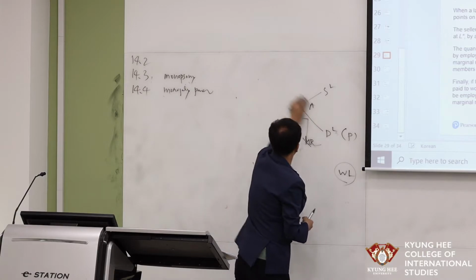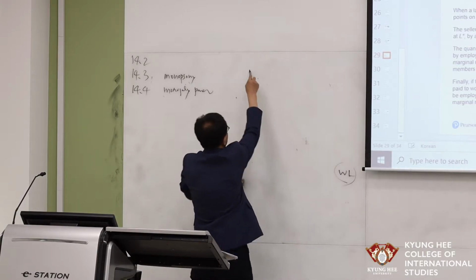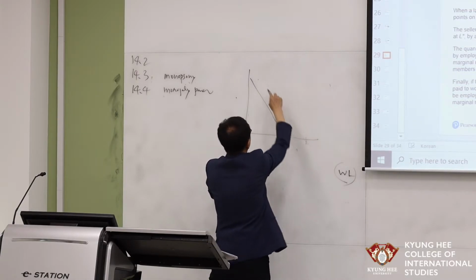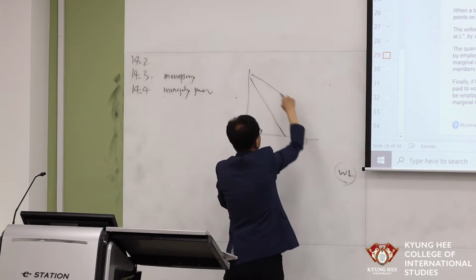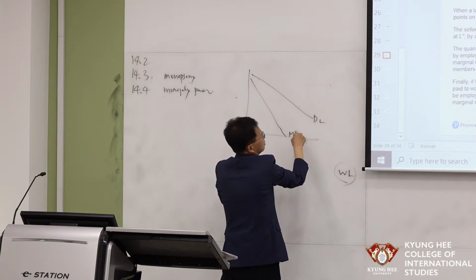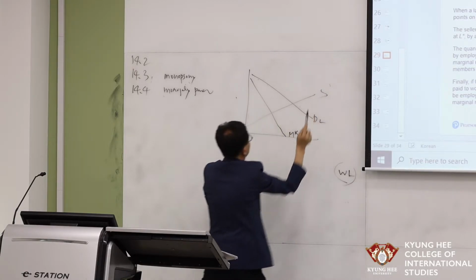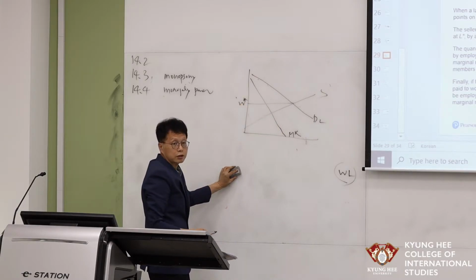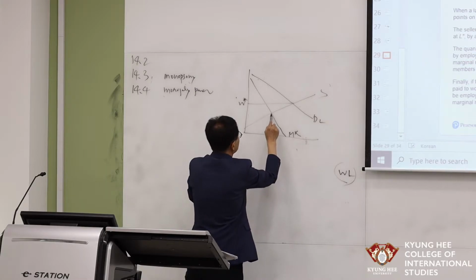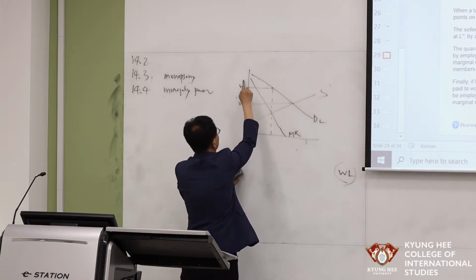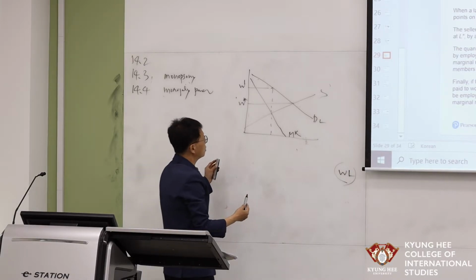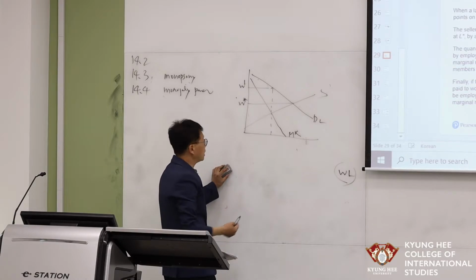To avoid confusion, for example, marginal revenue and DL, marginal revenue and supply. So that is W star, the competitive wage rate. And wage rate W1 is when the labor union only maximizes the wage rate of some unionized workers.